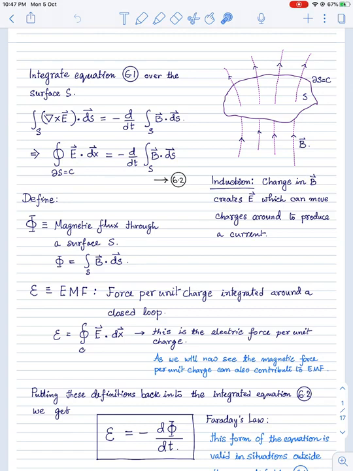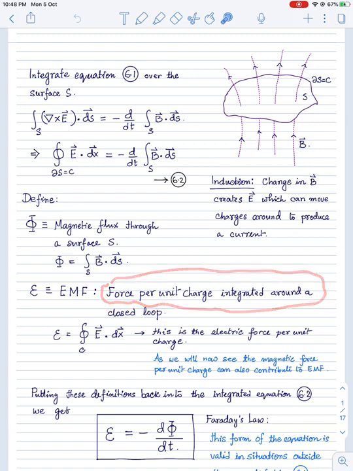Now, as we know very well, the electromagnetic force exerted by the electric field on a charge is Q times E, and therefore the line integral of the electric field can be thought of as the line integral of the force per unit charge.